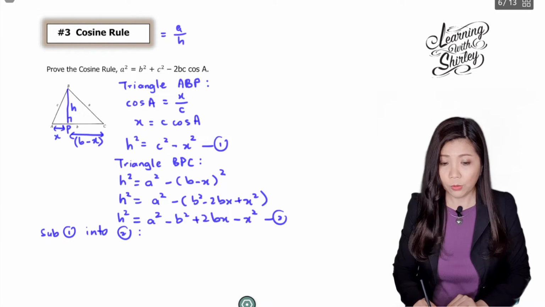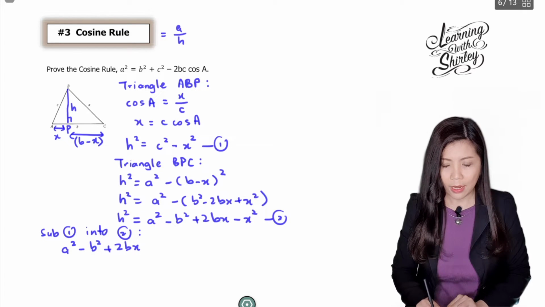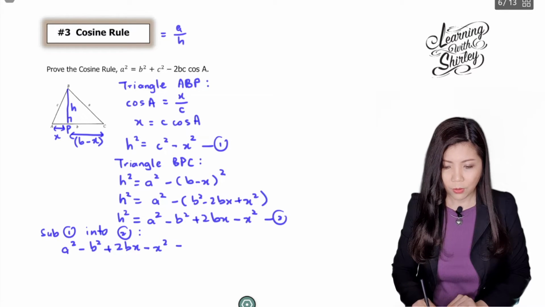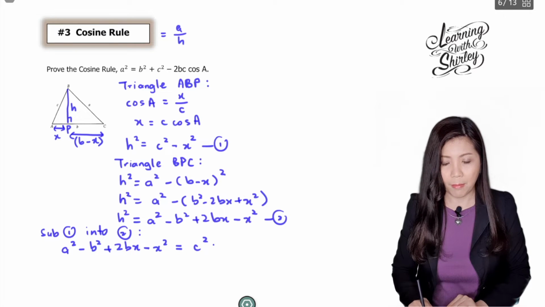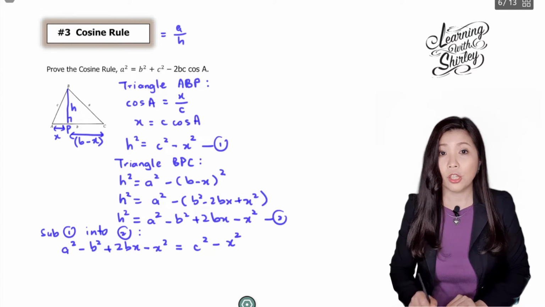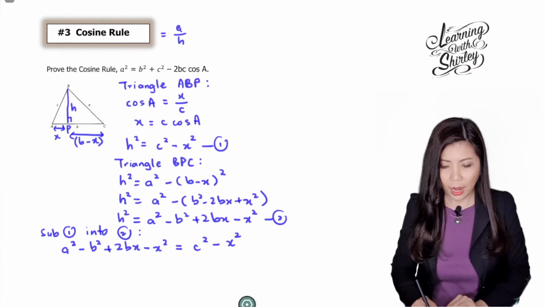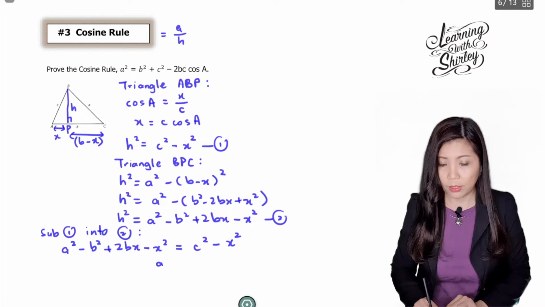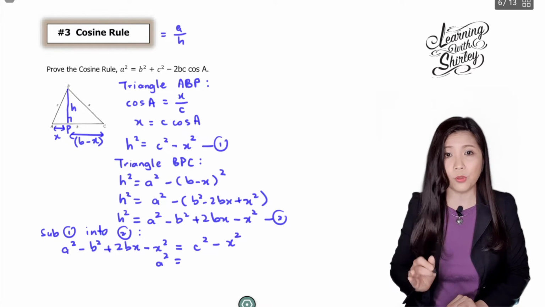Next, I'm going to substitute equation 1 into equation 2. We are almost there. So a squared minus b squared plus 2bx minus x squared equals c squared minus x squared. We just need to rearrange this. I'm going to leave a squared on the left-hand side and move the rest to the right.